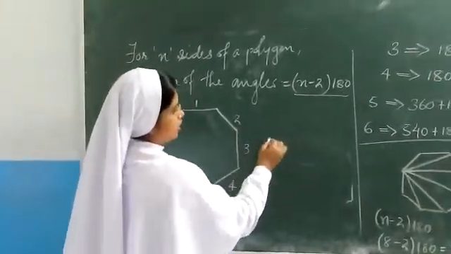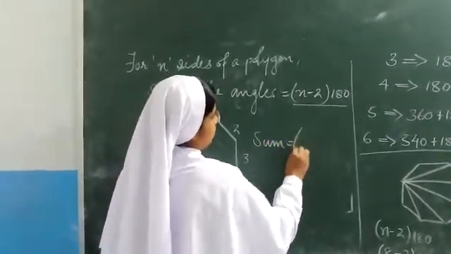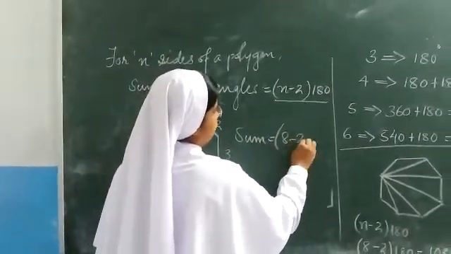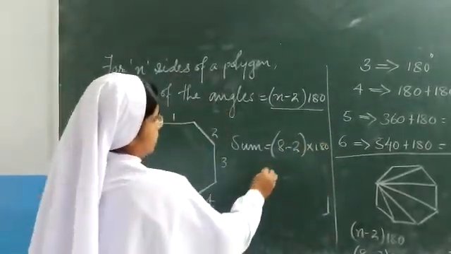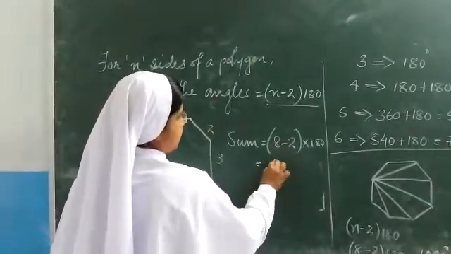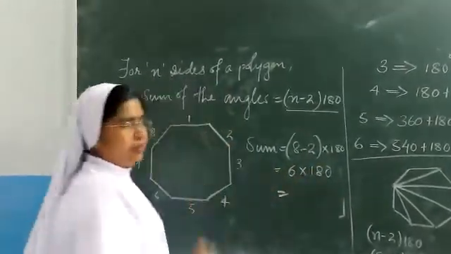The sum is equal to 8 minus 2 into 180. That is, 8 minus 2 is 6, 6 into 180. You have to multiply and see.